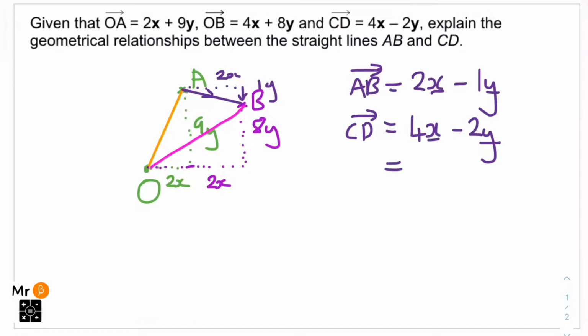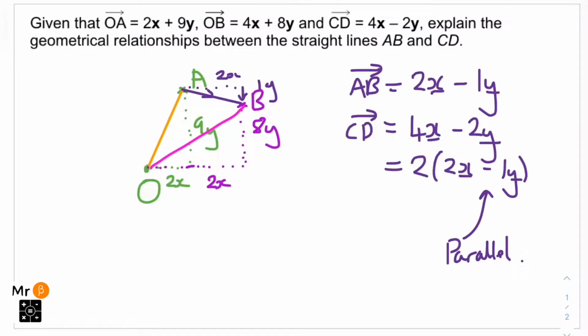So actually, if we have a look, we could take out a factor of 2 from our line CD. You will notice something happens then. You will notice that inside the bracket, the vector is identical to AB. So this information tells us that our lines are parallel because the vectors are the same.